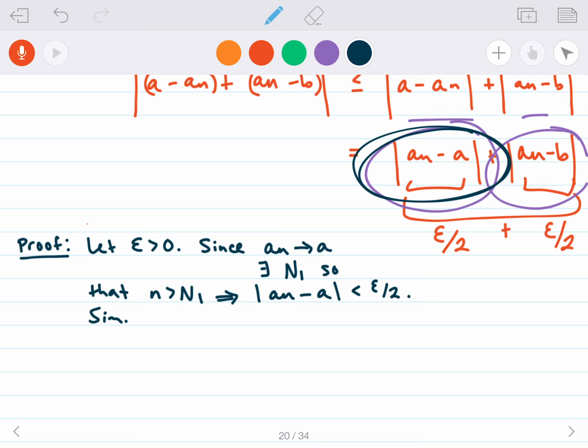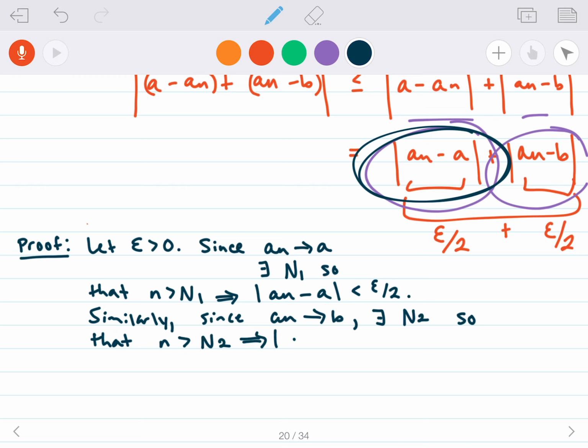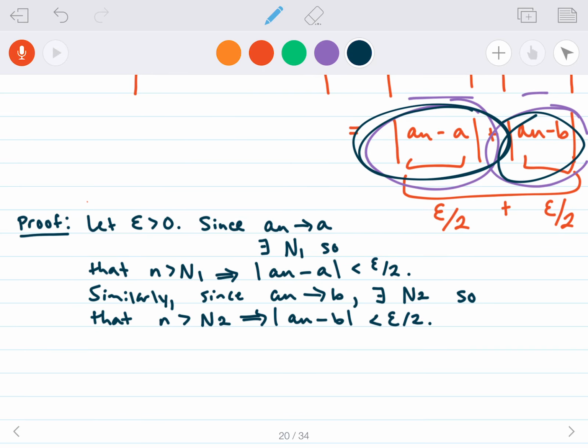And then I'll say, similarly, since a_n converges to b, there exists a capital N2 so that little n bigger than capital N2 implies that the distance between a_n and b is less than epsilon over 2, right? I'm trying to fill in the details here. Okay, so this is just the definition of what it means to converge.